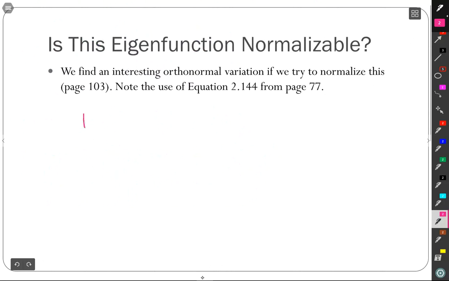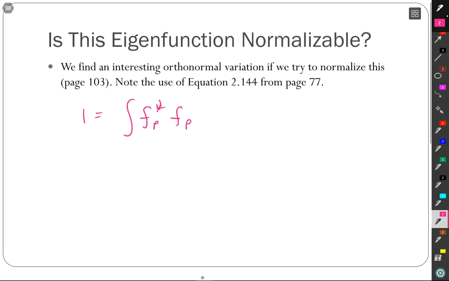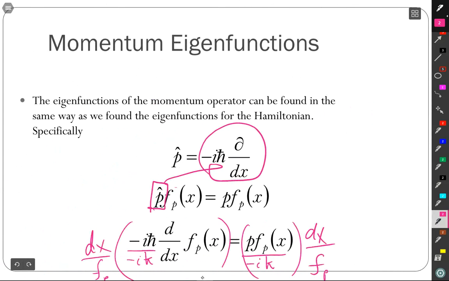1 equals the integral of the complex conjugate. What am I integrating over? No, what variable? I dropped it off. f_p is a function of x.